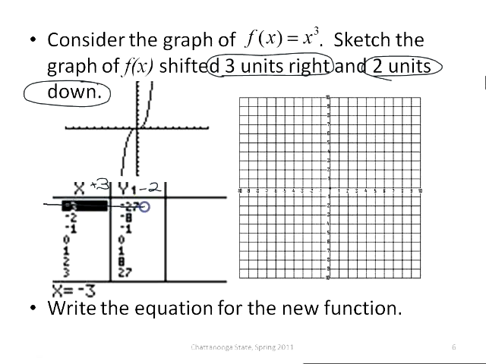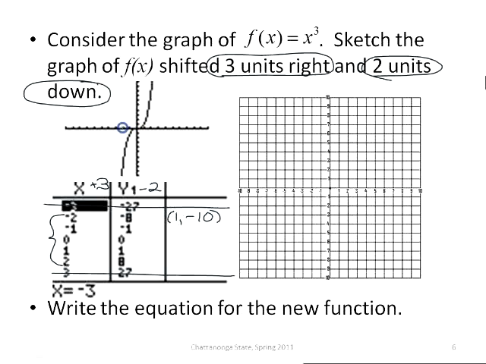Now, I don't want to graph this first ordered pair or this last ordered pair because those numbers are too big. Let's just work with these ordered pairs right here. If my x starts out at -2 and I add 3 to it, that's going to give me a new x coordinate of 1. If my y starts out at -8 and I subtract 2 from it, that's going to give me a new y coordinate of -10.